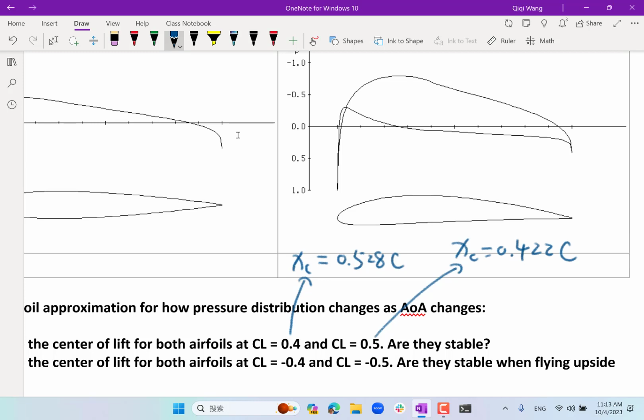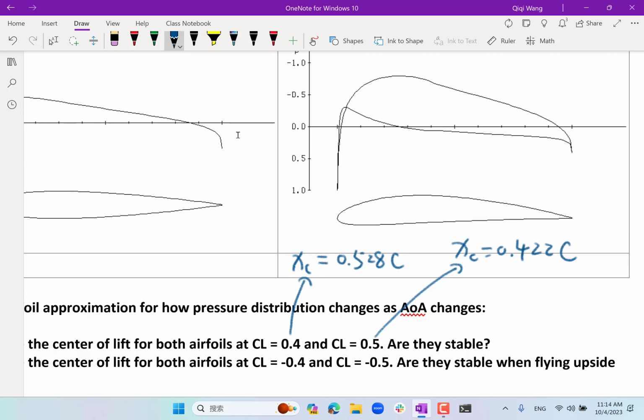So what we found is that as I increase my CL by increasing angle of attack, my center of lift shifts from downstream of the midchord to upstream of the midchord. Let's think about the consequence in terms of stability of the airplane.